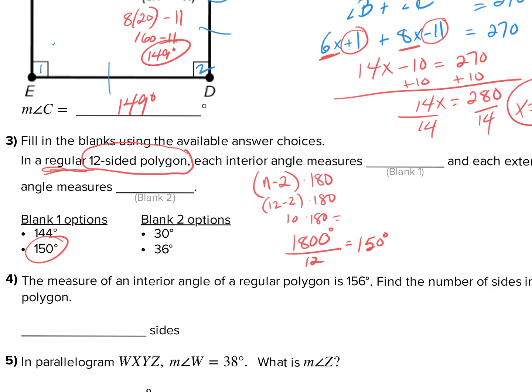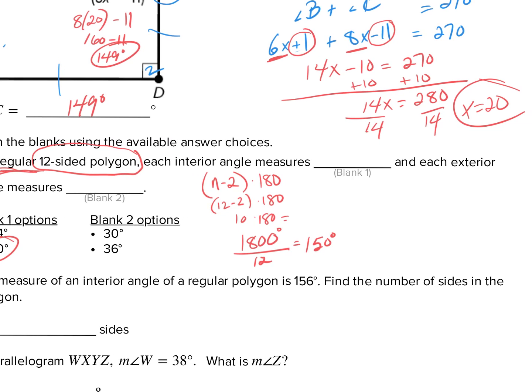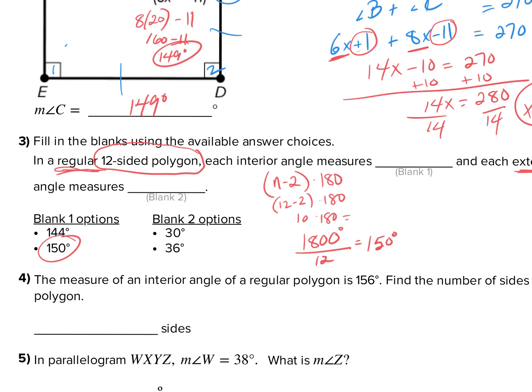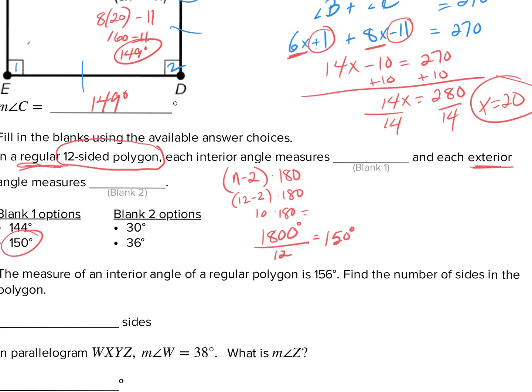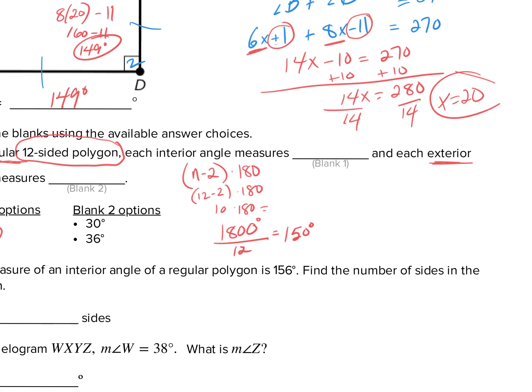Okay, now the exterior angle. All right, now if you remember, when we had our polygons, we found the interior angles. In this case, we know that the interior angle is 150. The exterior angle, remember, we get by extending the sides.